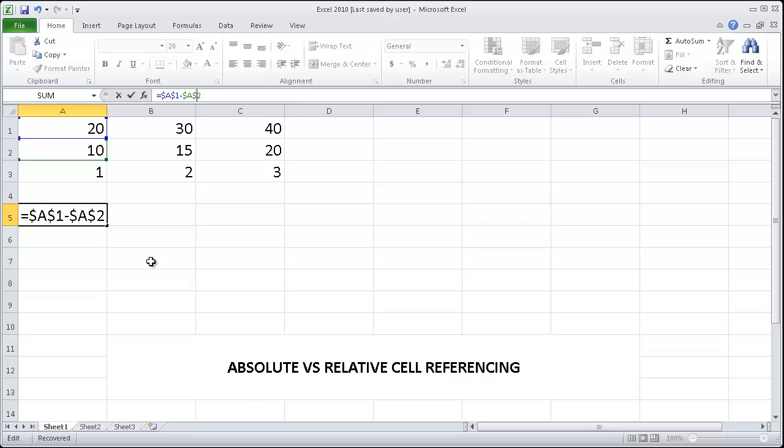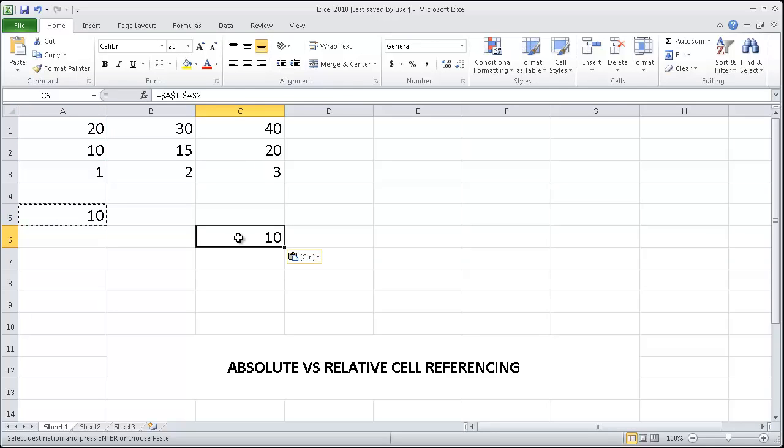It's definitely guaranteed to be A1, which is over here, and then A2, which is over here. So the numbers 20 and 10. So when I say what is 20 minus 10, it's going to be 10. And as I copy this and paste it somewhere else, it's also 10. The reason is that when you look at the formula, $A$1, this never changes.